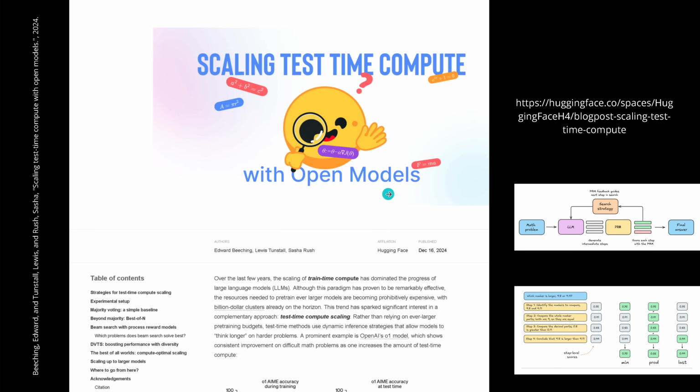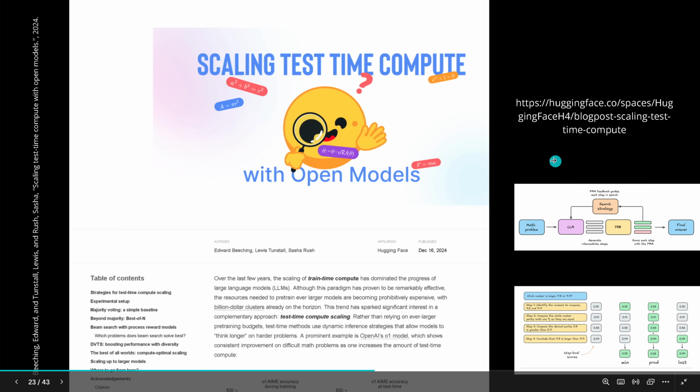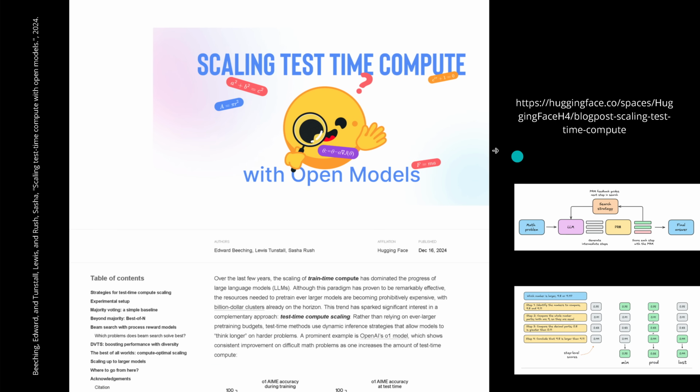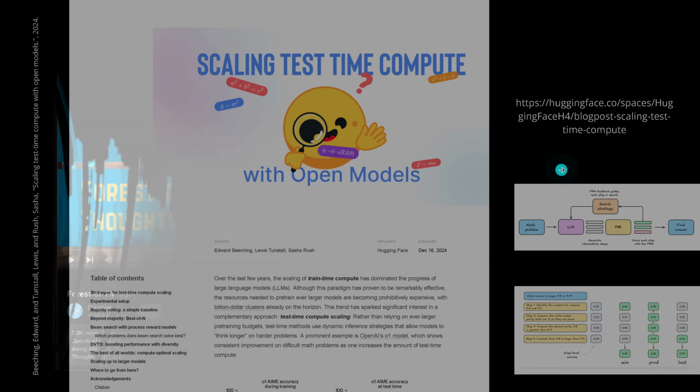They go with open models here, and they even explain why there is such a problem if you ask what is larger, 9.8 or 9.11. They explain the process. So if you are interested in starting from the beginning with test time compute scaling, currently, in mid-December, this is one of the best starting documentations.